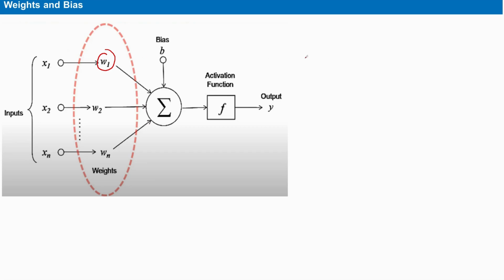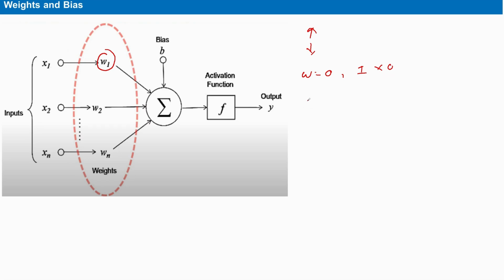A weight either increases the importance of a feature or decreases it. If the weight is equal to 0, then the value of the associated input has zero importance, meaning it contributes nothing to generating the output. If the weight is negative, then increasing the associated input feature decreases its importance in the output.